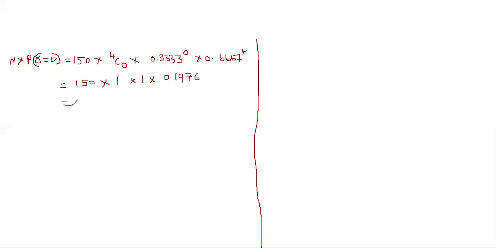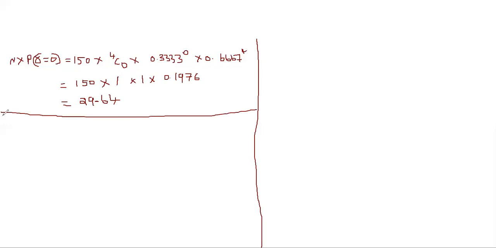So that is 150 into 1 into 1 into 0.1976. You're getting 29.64. This is P of r is equal to 0.